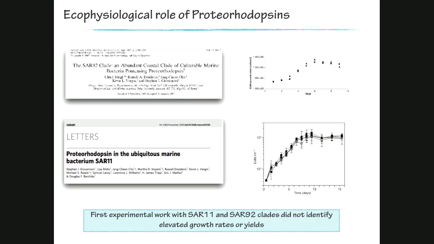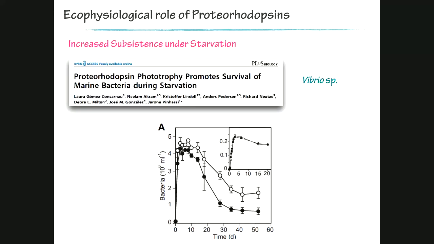Here you see the results: growth under light and dark is very similar, no difference. This was a little disappointing, because then it was not known what the actual advantage of having proteorhodopsin was. But later studies, in this case with a species of Vibrio, showed that rhodopsins or proteorhodopsins promote survival during starvation.